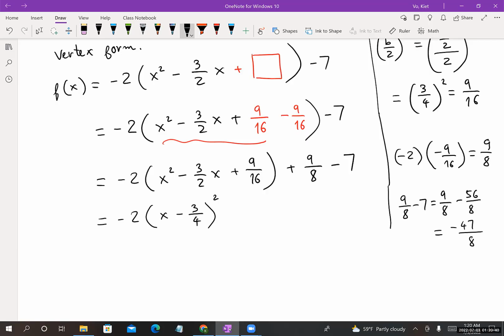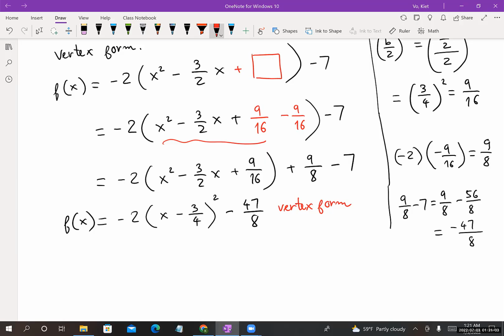Okay, so that's going to be -47/8. So then this is in vertex form. All right, there's the vertex form of the equation. So this is the vertex form of the quadratic function.